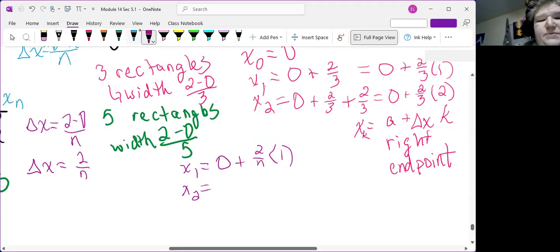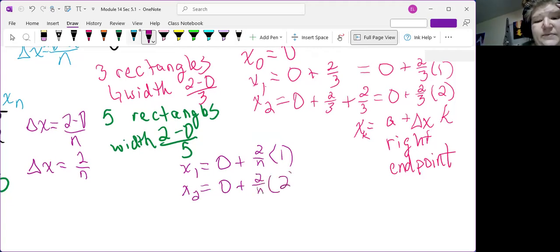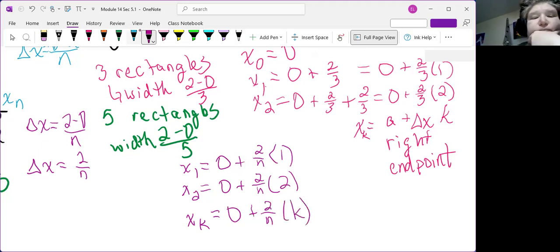X sub 2, my same starting point, but now there are 2 widths to add. So my x sub k still starts from 0, still has the same width, but I add k of them. All right, so we have our delta x and we have our x sub k formula, just extracted from a smaller sample and then moving to the arbitrary case.